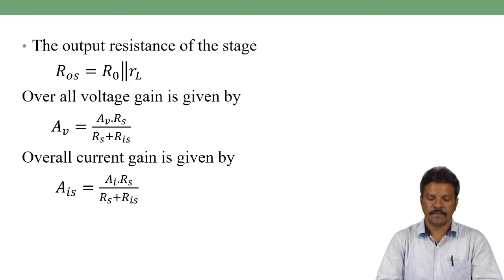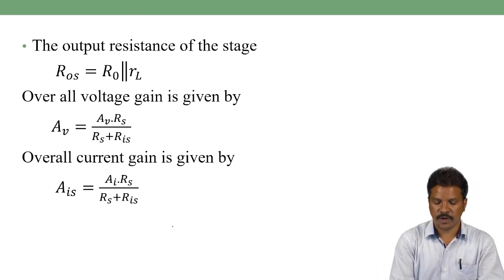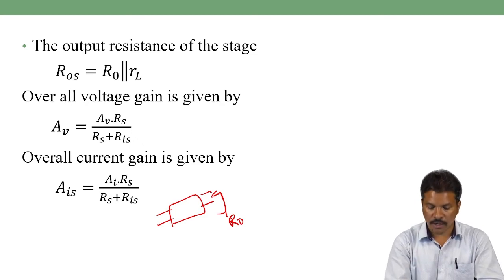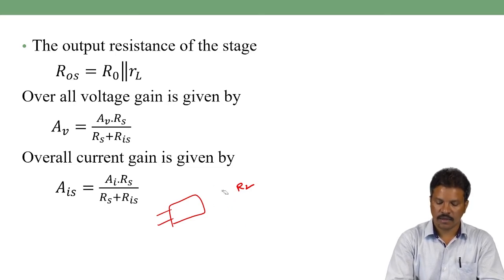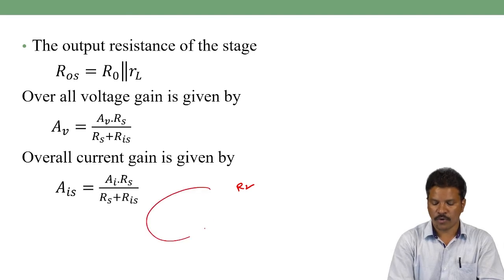When we consider the output resistance of the complete stage, for example it is a two-port network, we can calculate the output resistance in this place only. So what is the total output resistance by considering this RL also? Whatever the entire output port resistance looking into 2 and 2 dash can be considered a single resistance, represented with R0, which is in parallel with the load resistor RL.